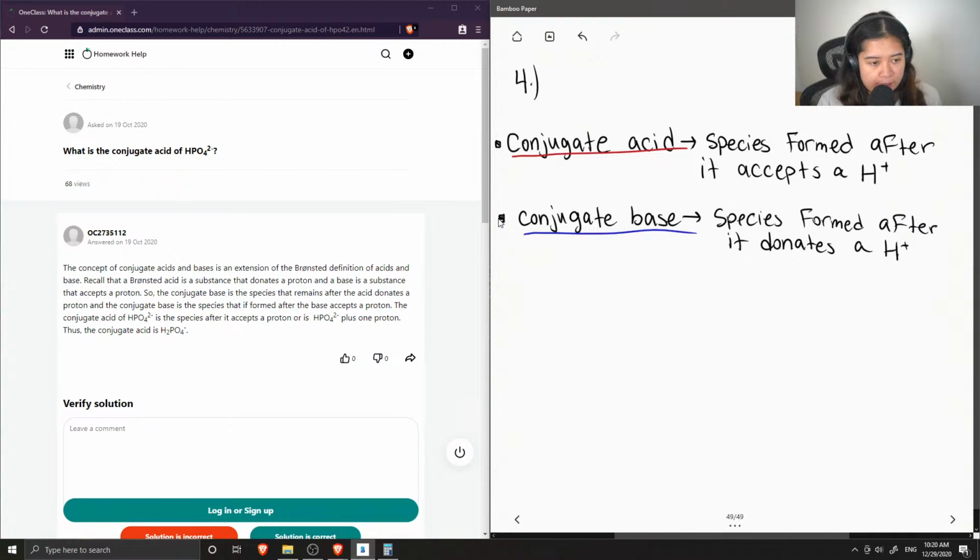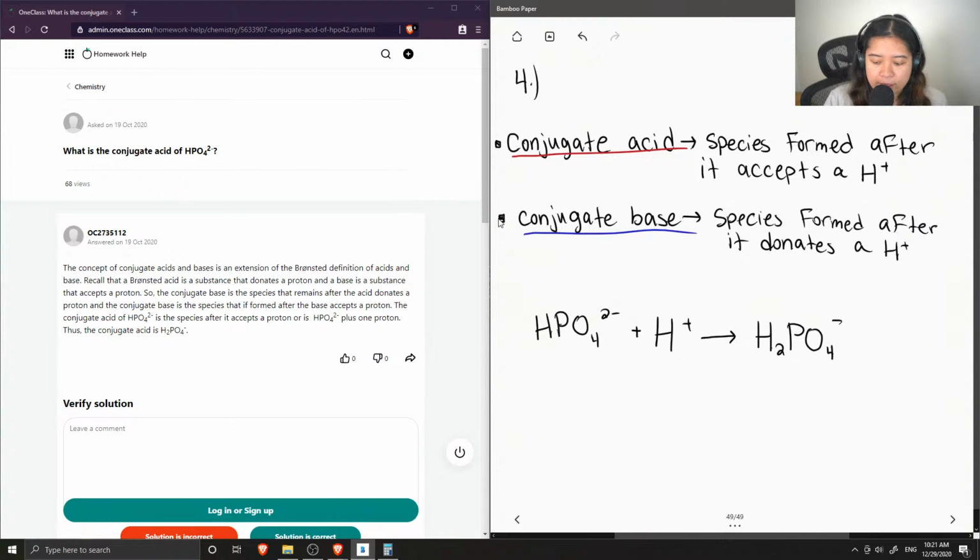So let's write HPO4 2 minus. So conjugate acid is the species formed after it accepts a proton. So we are going to add a proton. And we end up with H2PO4 with a single negative charge.